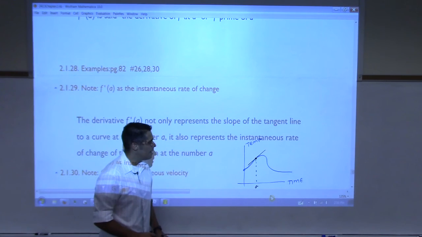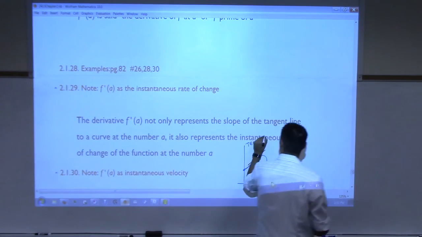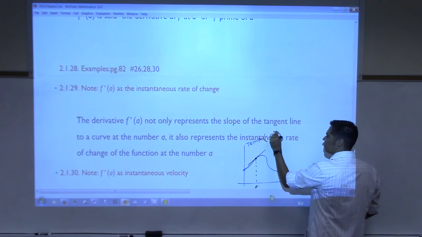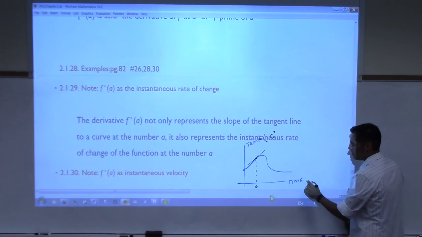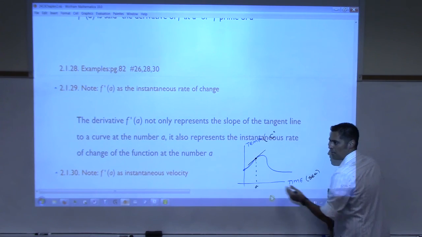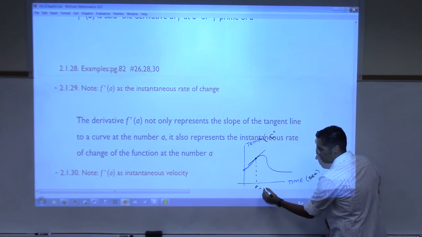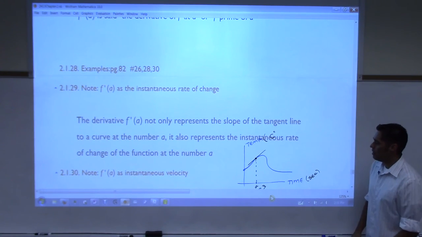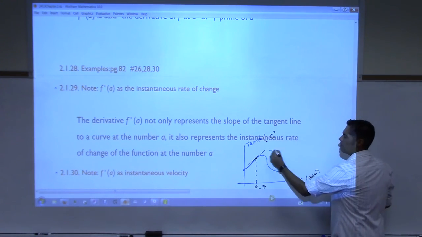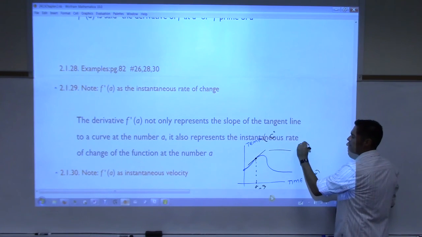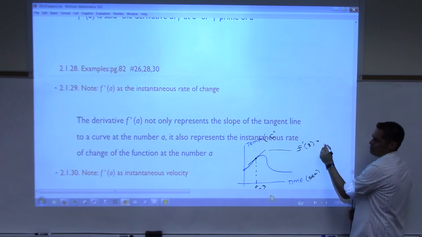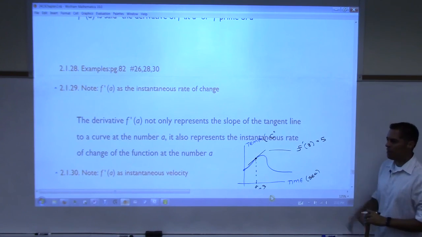Let's say temperature was measured in degrees Celsius and time was measured in seconds. If we pick some arbitrary point like 3 seconds, then a is 3. Let's say we find that the slope of the tangent line, f prime of 3, turns out to be 5.